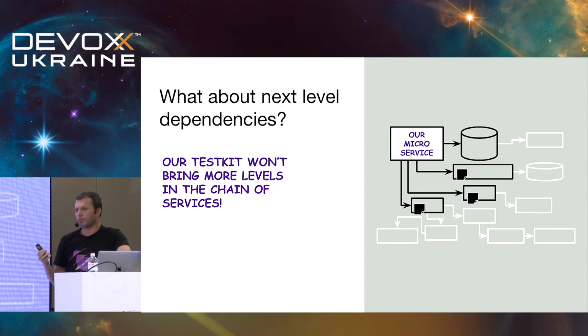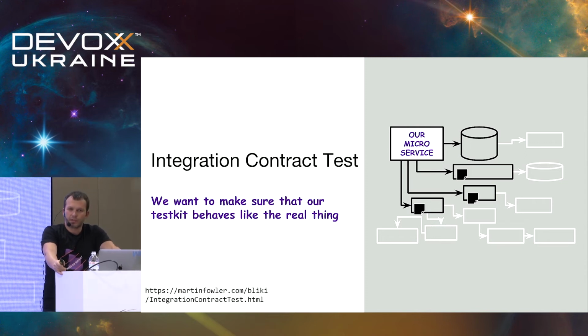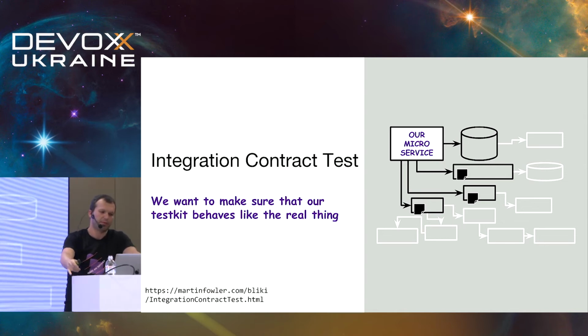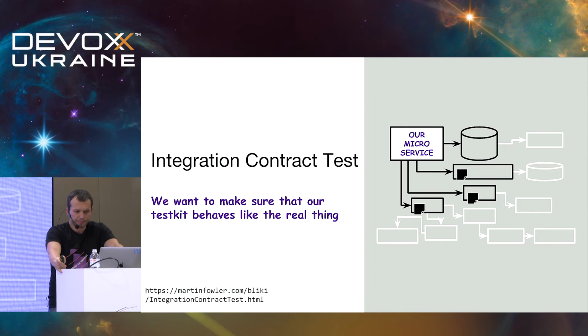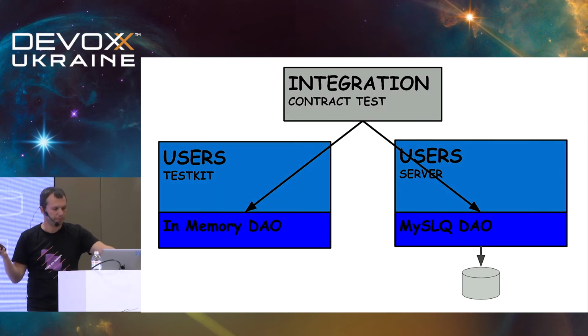And the way that we are going to do this is with the technique called integration contract test. There is another very recommended blog post by Martin Fowler about this. Basically, we want our replacements of the real thing to behave the same way.